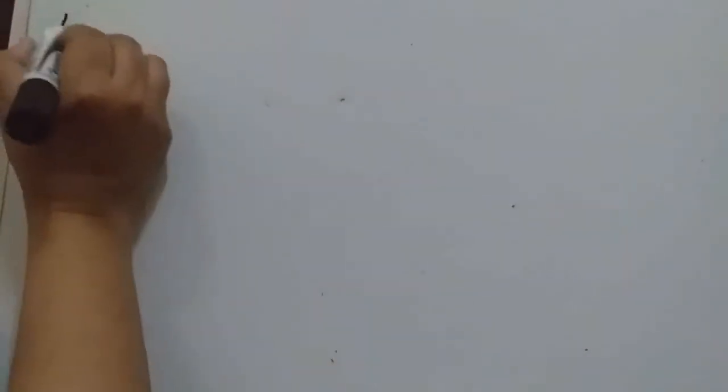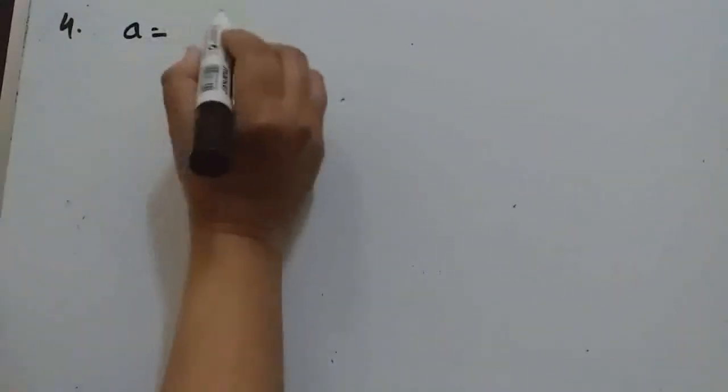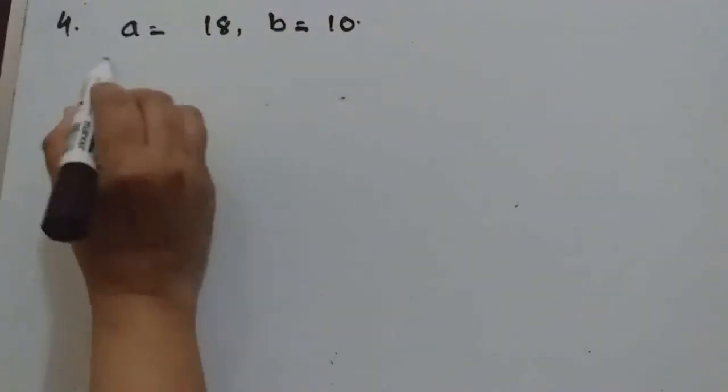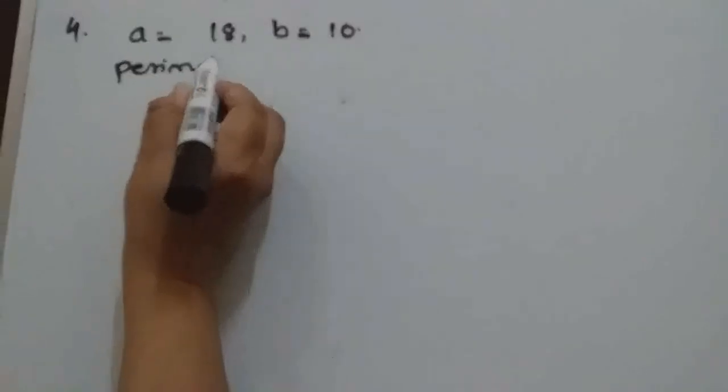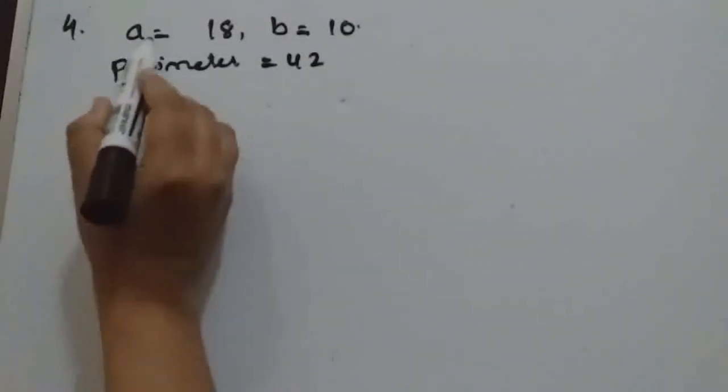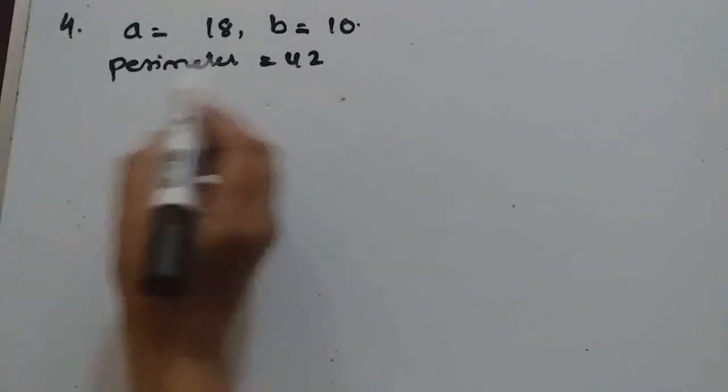Question number 4. Find the area of the triangle, two sides of which are 18 and 10 and the perimeter is 42. Two sides given means A is 18 and B is 10. Okay. And the perimeter is given as 42. We know the addition of all the sides gives the perimeter, isn't it?